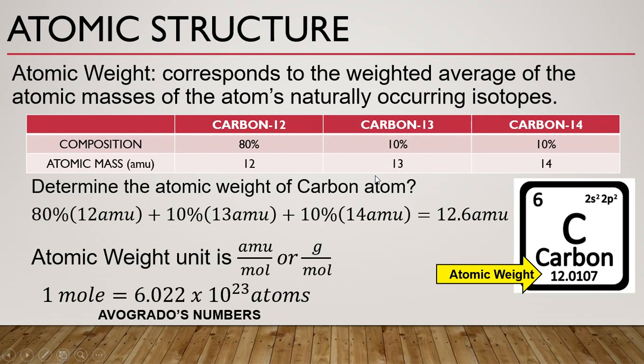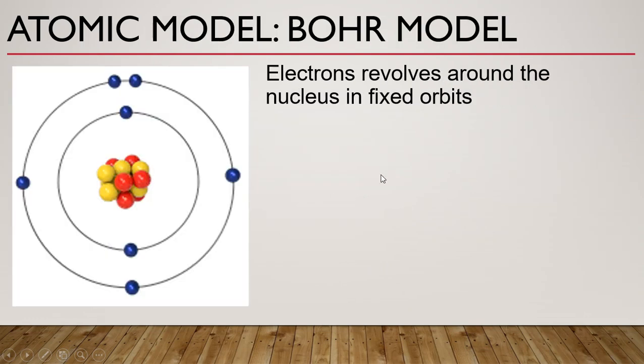Punta naman tayo sa mga atomic model. One early growth atomic model was a simplified Bohr model. And sa Bohr model, it states that electrons revolve around the nucleus in fixed orbits. And another principle ng Bohr model stipulates that the energies of electrons are quantized.